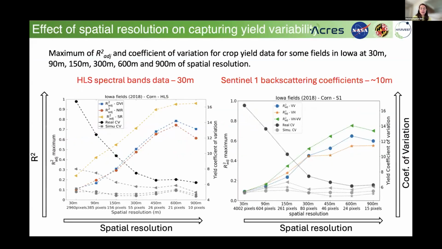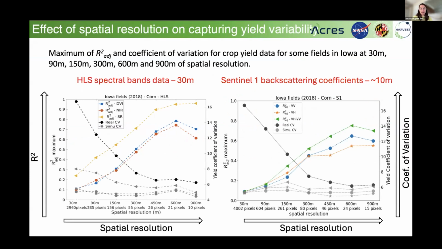So that is a very short study that I made, another study over some crops. It was in Iowa. I have some crop yield over some fields, and I look at the decrease of accuracy as a function of the spatial resolution.